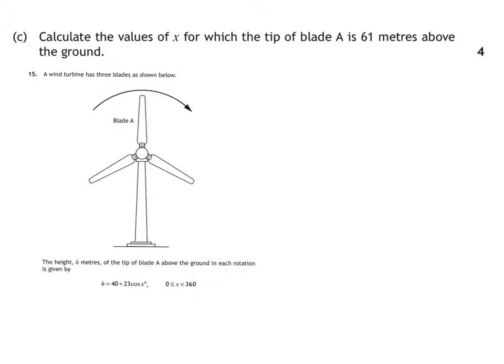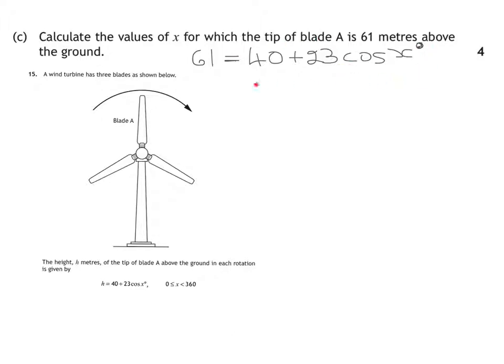So, round about there, when it gets to there, and then on its return journey, it's going to be at 61 metres. So we know h. We're told what h has got to be. h has got to be 61. So let's write that in. Okay, so 61 is equal to 40 plus 23 cos x degrees.